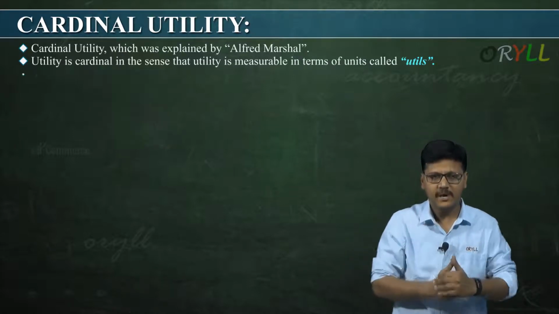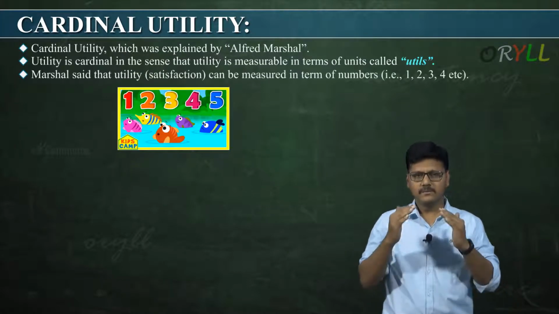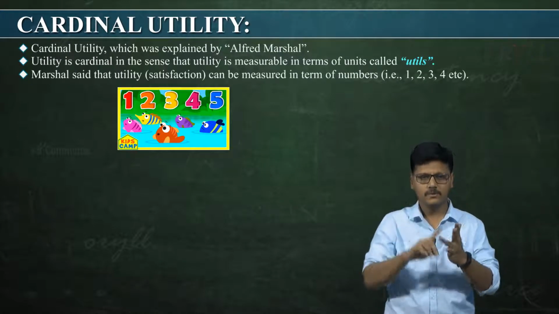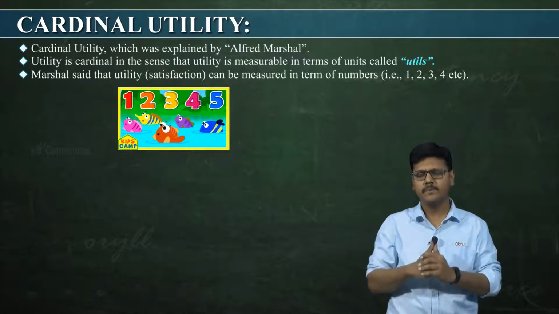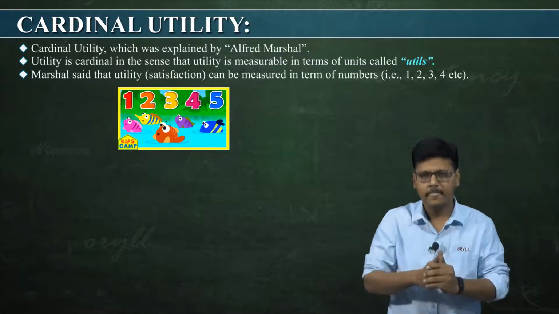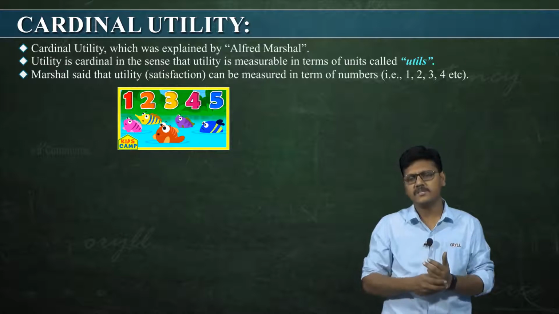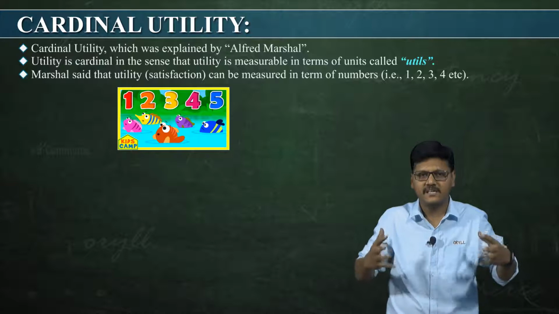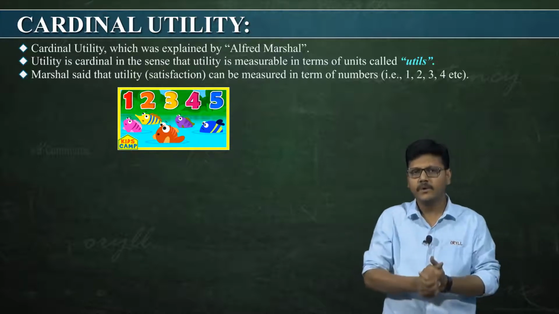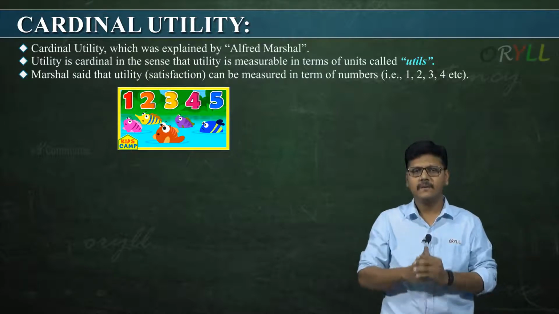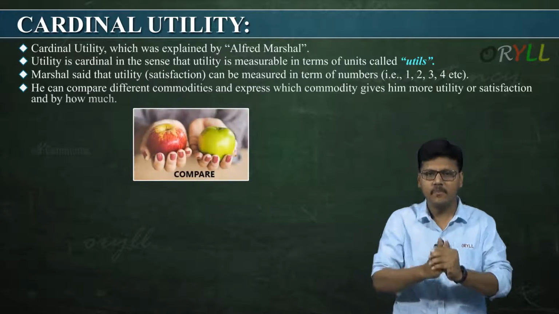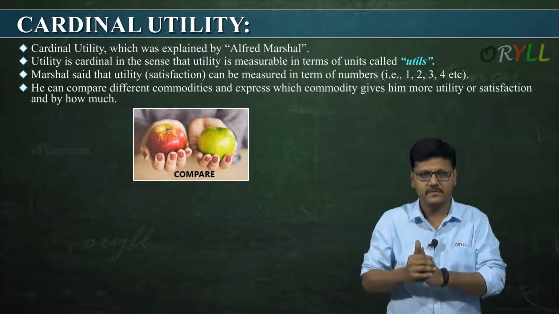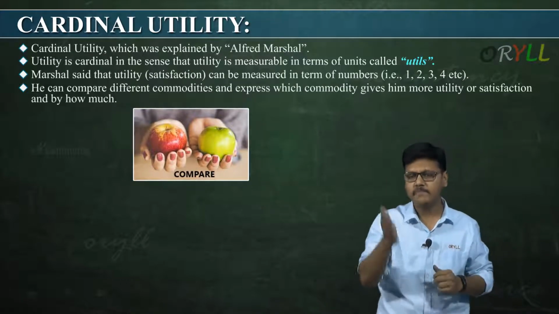Marshall says utility can be measured in terms of numbers, that is 1, 2, 3, 4. For example, I am going to use a commodity, and I get 5 units of satisfaction, 2 units of satisfaction, 3 units of satisfaction. I can express my satisfaction levels in numbers. Going further, a person can compare different commodities and express which commodity gives him more utility or satisfaction, and by how much, with the help of cardinal utility.